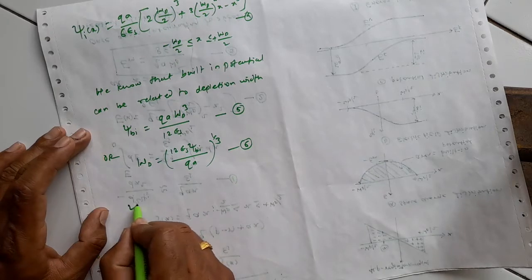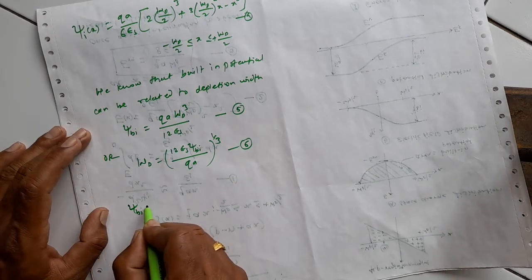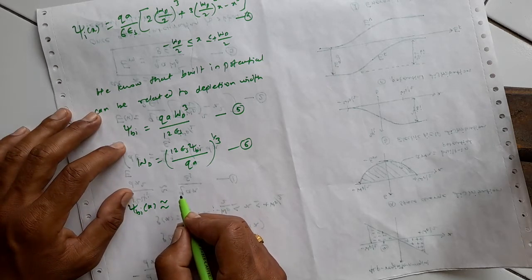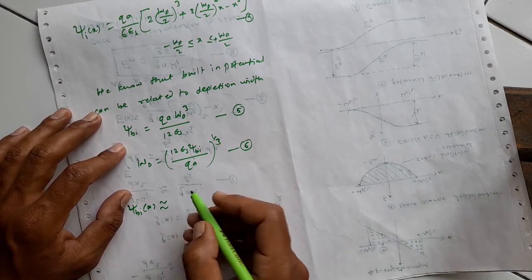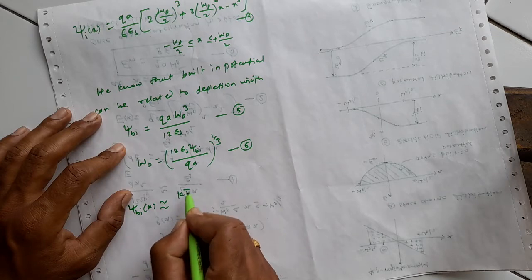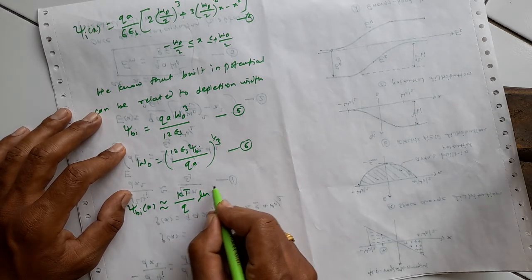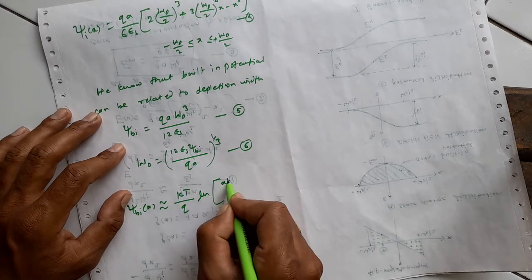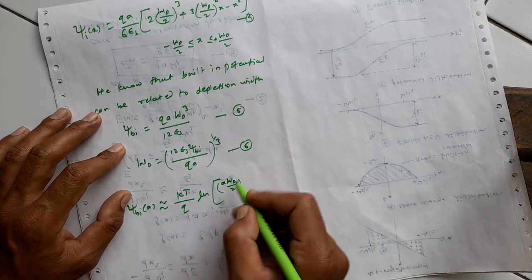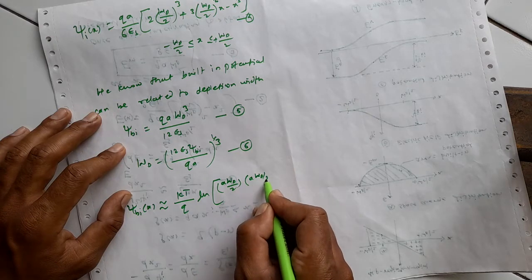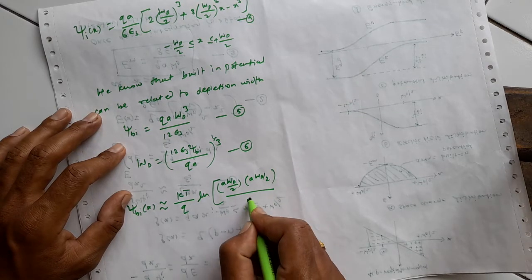So psi b I of x can be approximated to the abrupt junction potential, that is k T by q ln of a W d by 2 into a W d by 2 upon n I square.